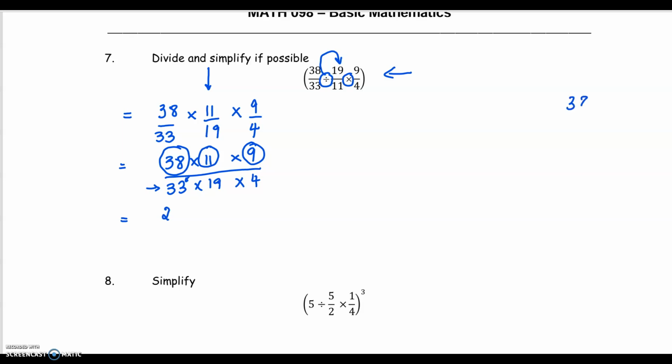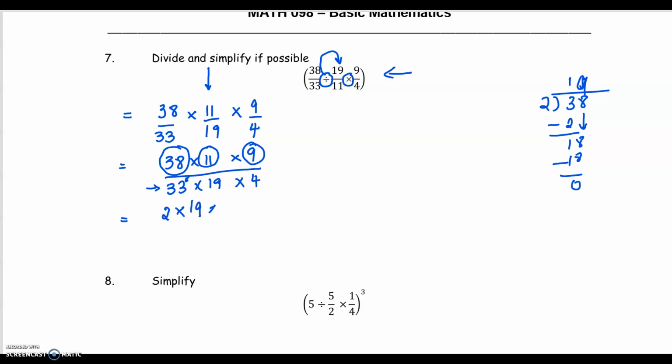So I know 2 goes into it because the number ends with an 8. So 2 ones are 2, subtract, bring the 8 down. 2 nines are 18, subtract, and you get a 0. So you have 2 times 19.